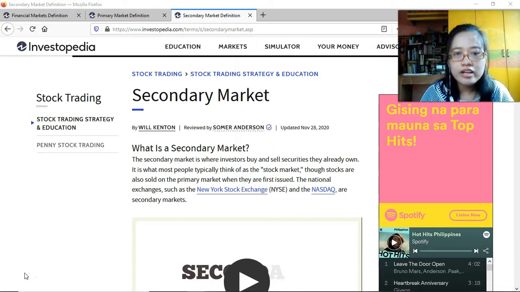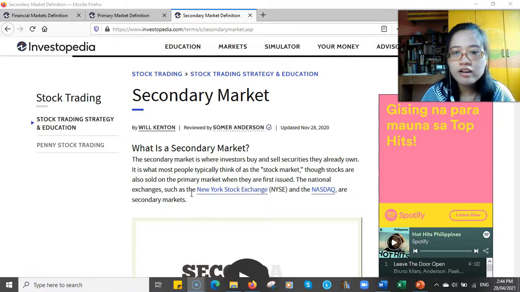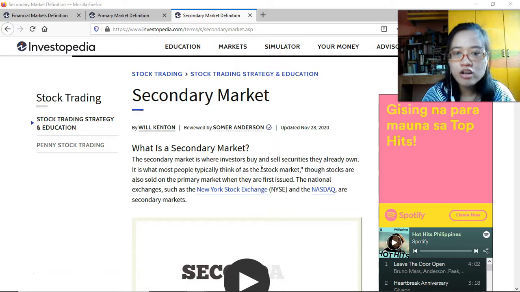It is what most people typically think of as the stock market. Those stocks are also sold on the primary market when they are first issued. To reiterate, the primary market is where securities are issued for the first time, and it's normally a transaction between the issuer, the company or the government, and the investor, normally through an underwriter or an investment bank.